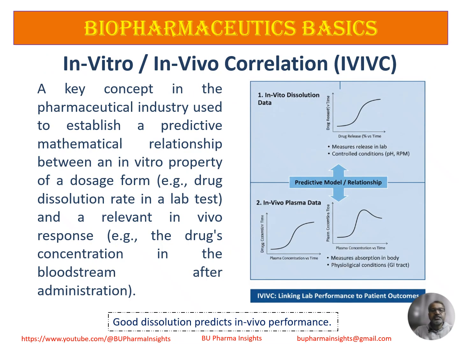Next, we will discuss in vitro in vivo correlation (IVIVC). IVIVC describes the relationship between in vitro dissolution results and actual drug absorption in humans. A strong IVIVC means that when dissolution improves, bioavailability also improves, and when dissolution slows, absorption decreases. This makes IVIVC especially valuable for controlled release and modified release formulations.